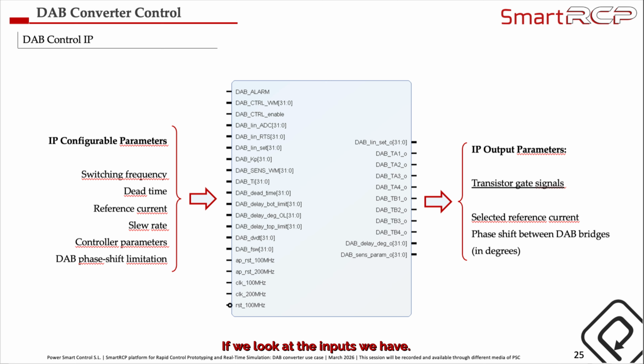If we look at the inputs, we have the switching frequency, the dead time, and the reference current that we will be using to control, as this is current control. There is also the slew rate, which is the derivative that we will allow in our system to make a modification, several controller parameters, and also the phase shift limitation. So this is the IP which will be performing the control of the converter.